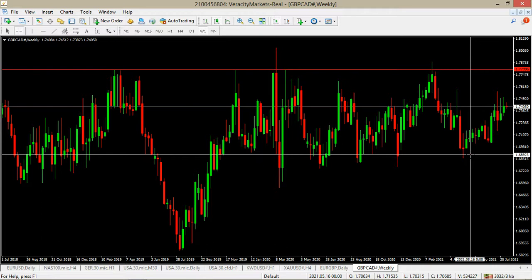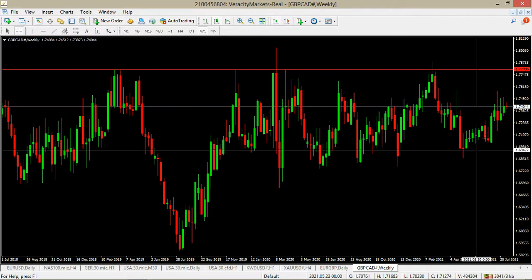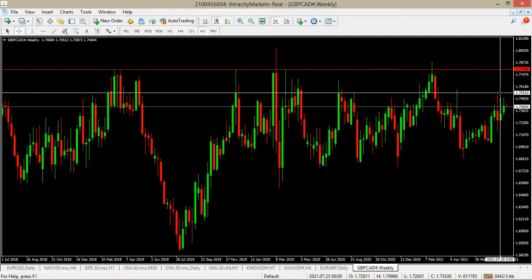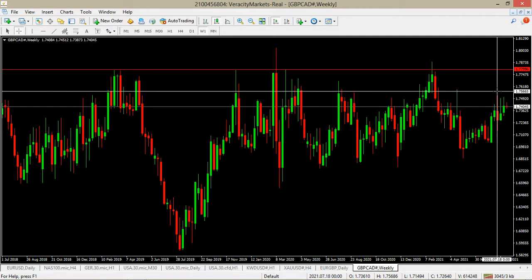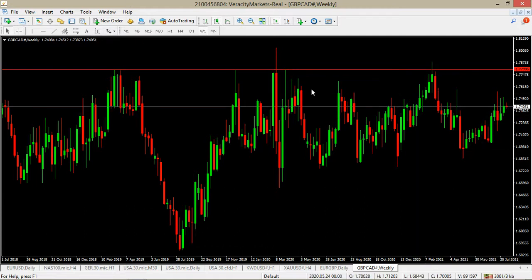Then we saw this doji here, and after that doji we could see that GBP can continue to buy, but it looks like after that on the 18th July it continued with a sell.